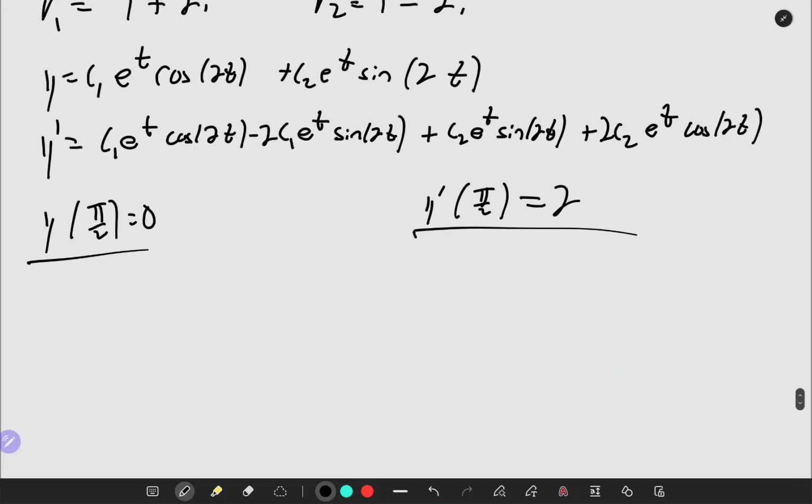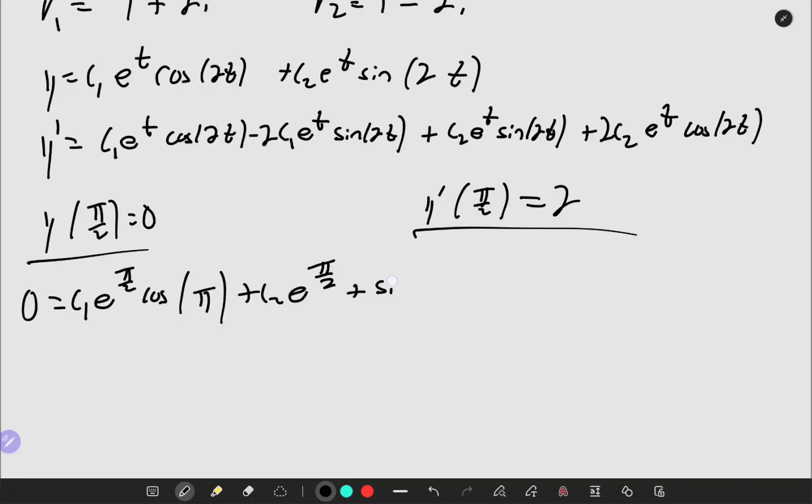So for the first one, we have 0 is equal to c1 e to the pi over 2 times cosine of just pi plus c2 e to the pi over 2 plus sine of pi.